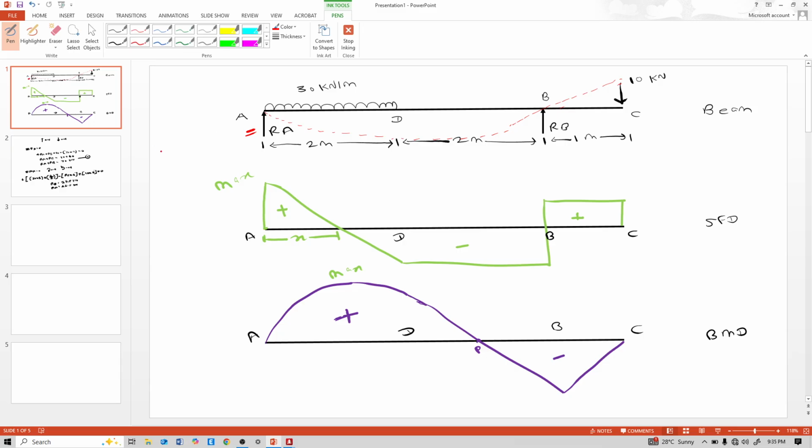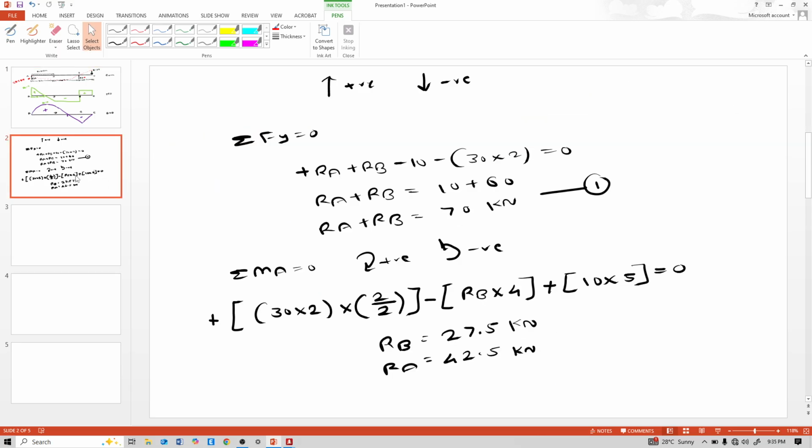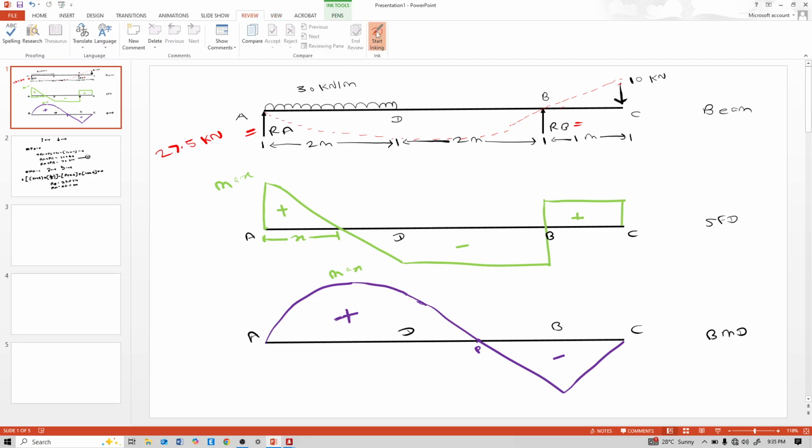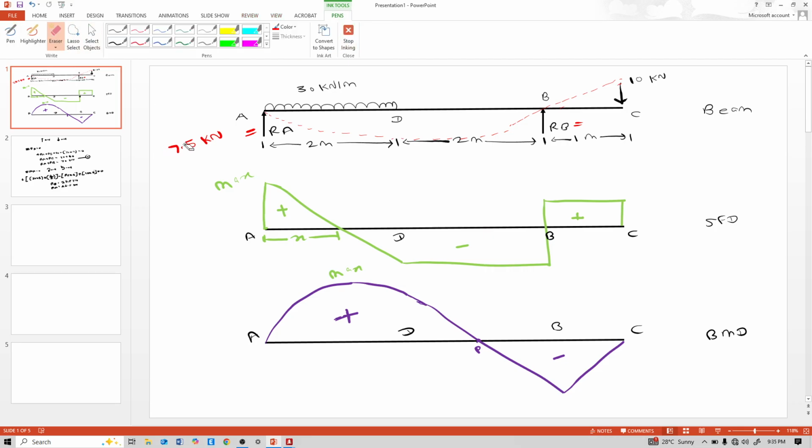So this RA is 42.5 kilonewton and RB is 27.5 kilonewton.